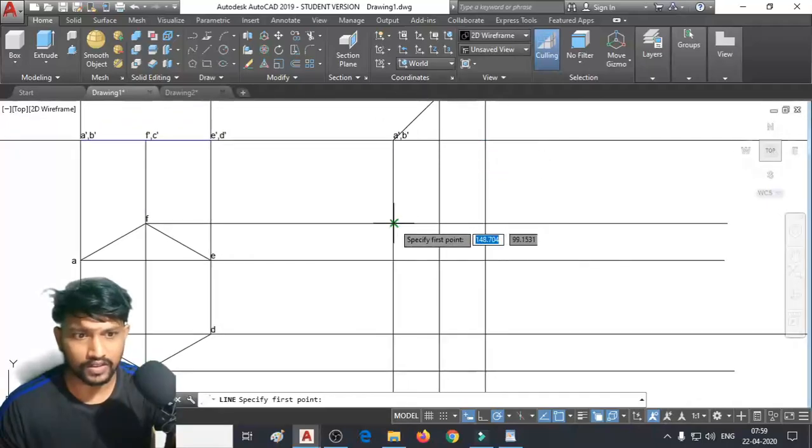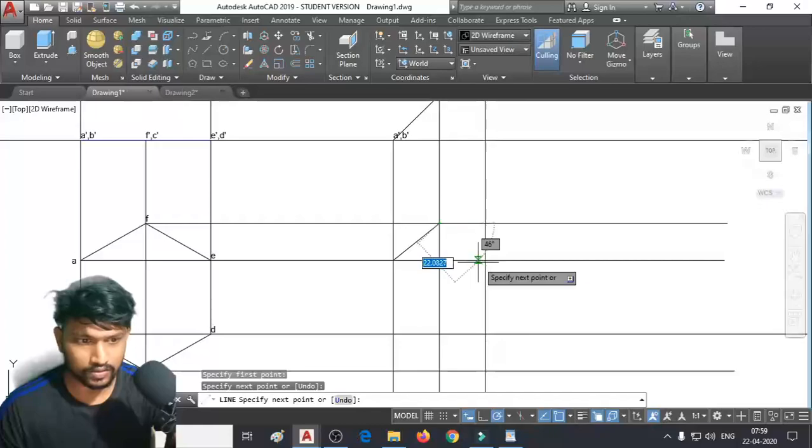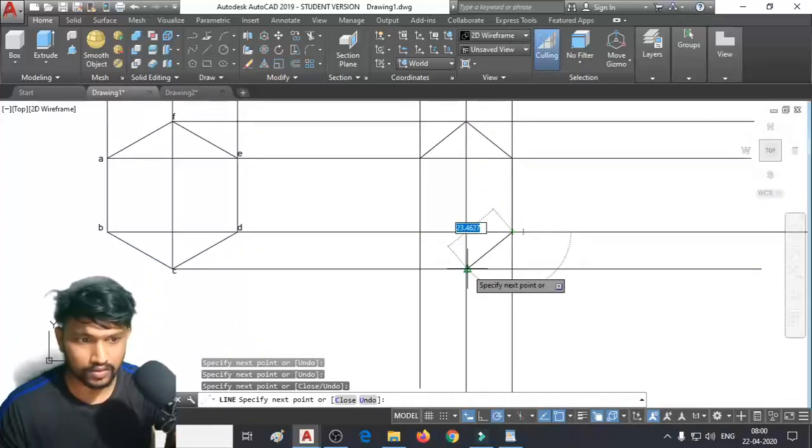So A dash and A are meeting here. If you combine all of those projections here, you will get a hexagon like this.